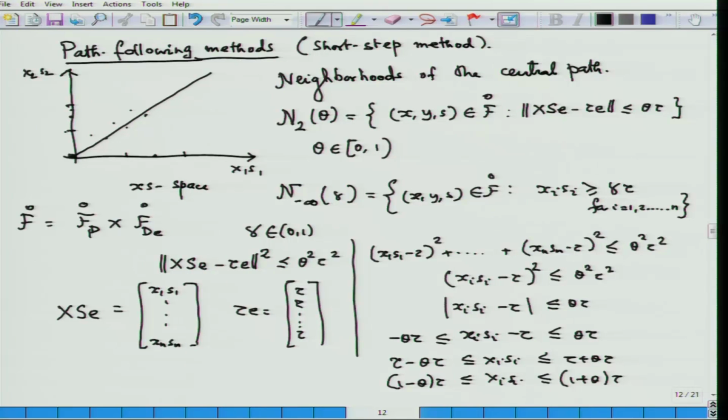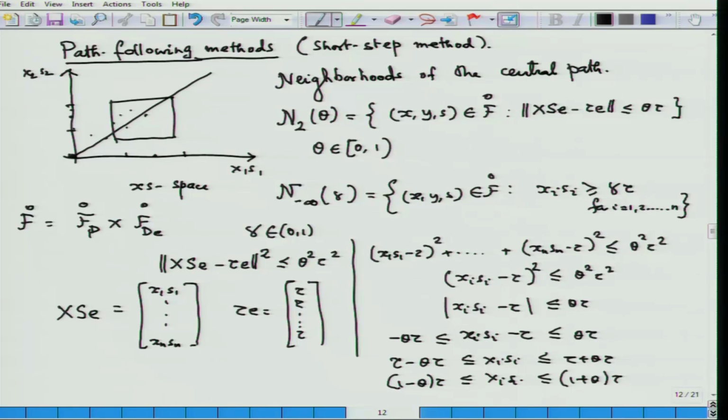So, at a particular choice of xs, if you take the Cartesian product of these two, any point x y s which is here has to satisfy something here. So, any point of this form x1 s1, I have given the theta and this is my tau, tau also keeps on changing.